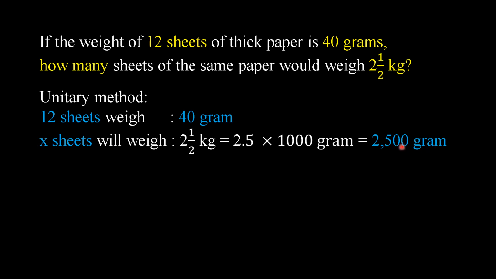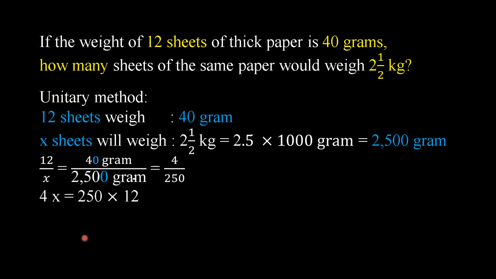So in unitary method we write 12 divided by x equals 40 divided by 2500. Now this 0 gets cancelled with this 0 and we write 4x and 250 multiplied by 12.